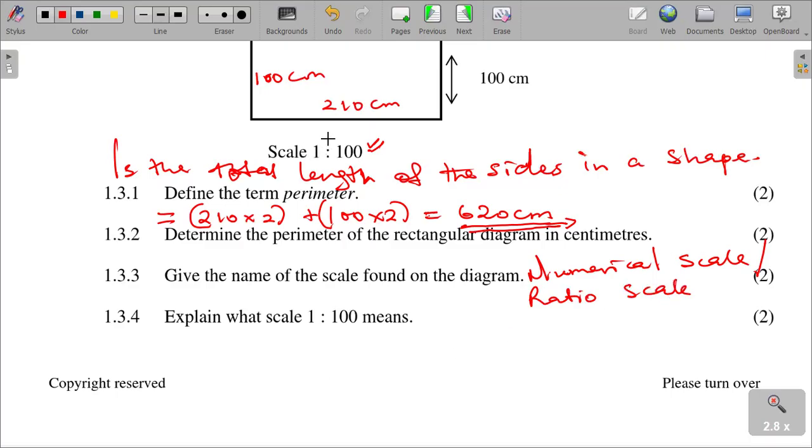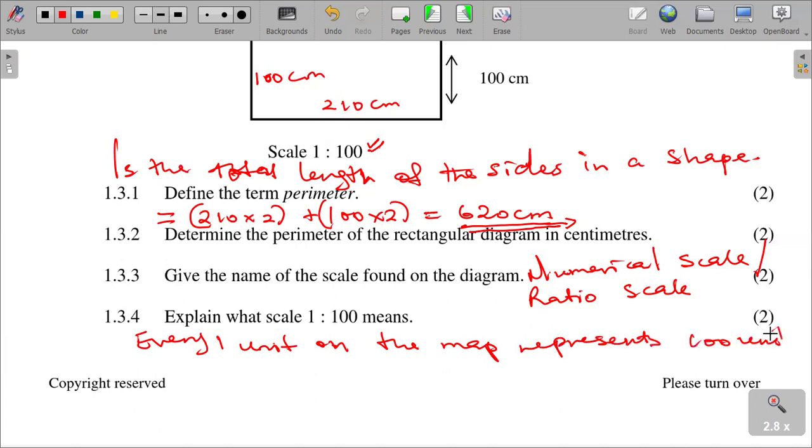As you can see, 1 centimeter is equal to what? 100. And then what does this scale mean? It means every 1 unit on the map represents 100 units in reality.